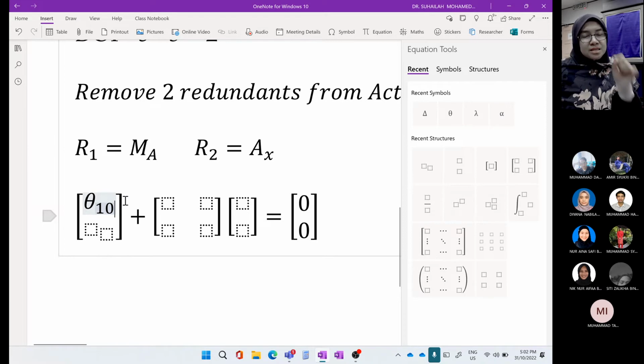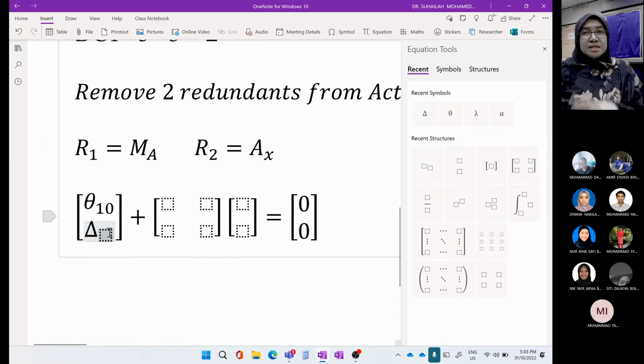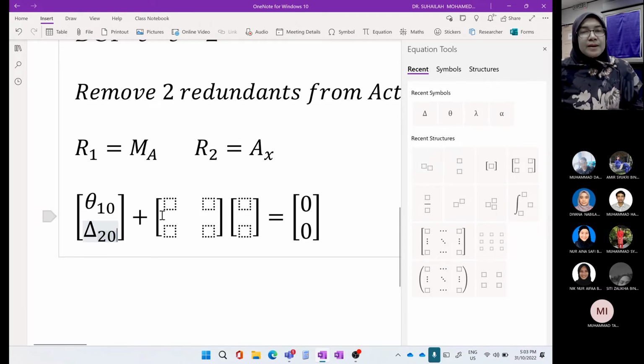By looking at the symbol, we know that this is a rotational displacement, at the position of redundant number 1 in the primary system. And number 2 refers to redundant number 2. It is AX, it is a force, so it is delta. Delta, this is number 2, so it becomes delta 2 naught.